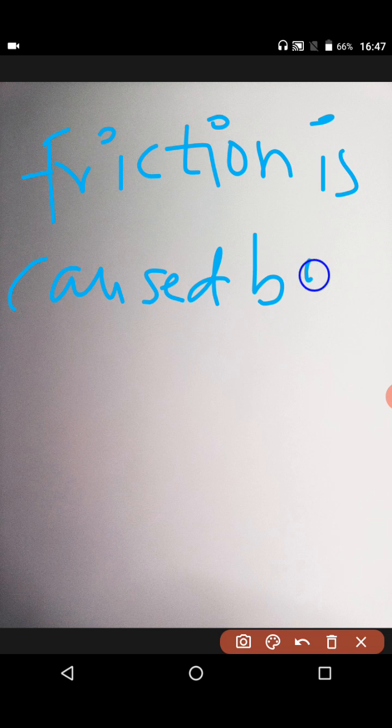So first point to be noted is friction is caused by irregularities.